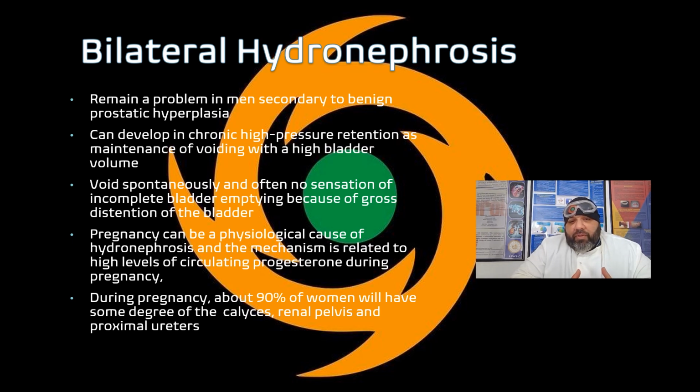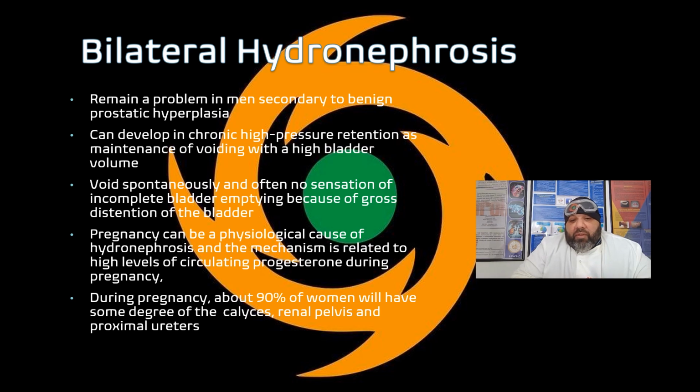It can develop in high pressure retention as maintenance of voiding with a high bladder volume, voiding spontaneously, and often where there's little or no sensation of incomplete bladder emptying because of gross distension in and around the bladder.